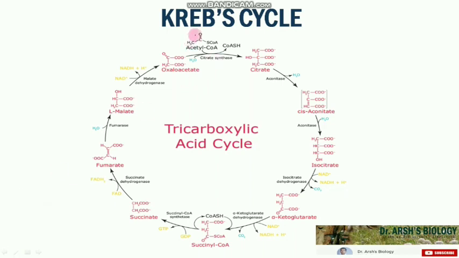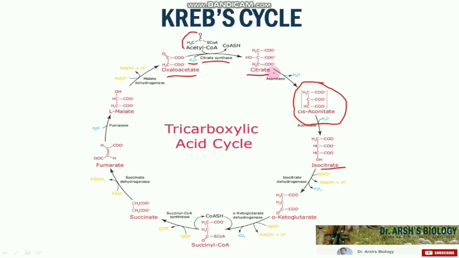First step, acetyl coenzyme A combines with oxaloacetate, resulting in the formation of citrate. This is catalyzed by the enzyme citrate synthase, and you can see an addition of a water molecule for this combination process. Now the citrate is converted into isocitrate through the formation of an intermediate compound known as cis-aconitate.